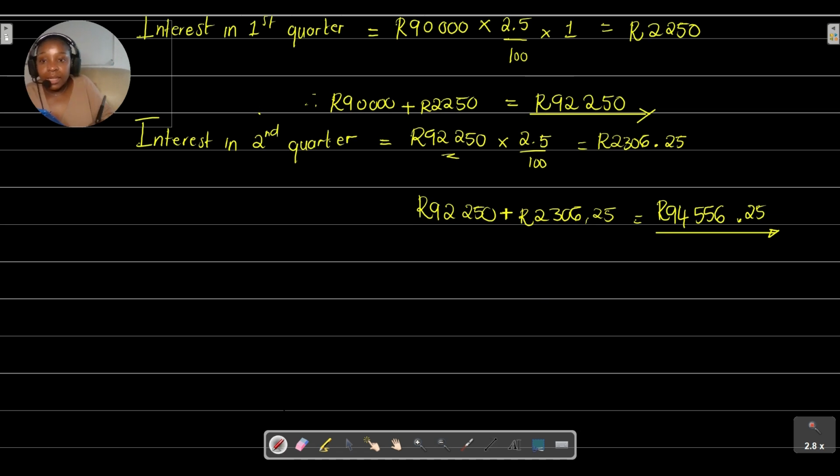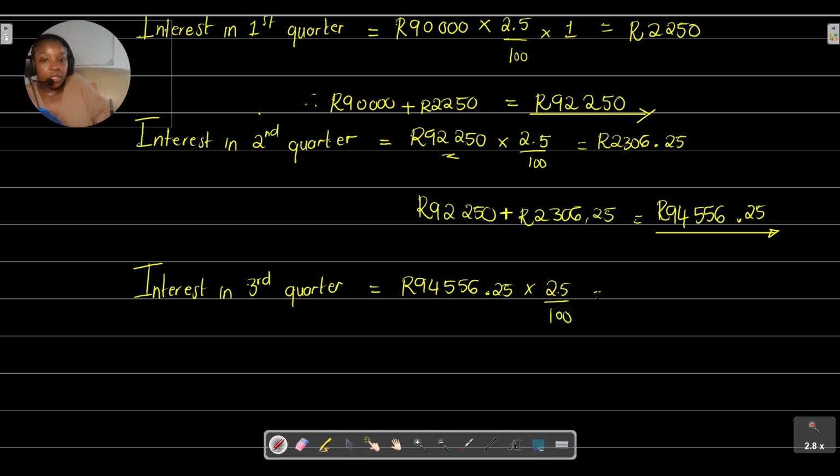So now we want to calculate the interest that he'll be charged in the third quarter. We'll just take that 94,556.25 multiplied by 2.5 over 100, and that will basically give you 2,363.90625, which is approximately equal to 2,363.91.